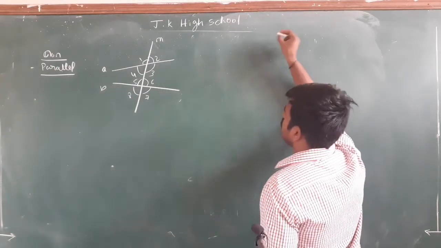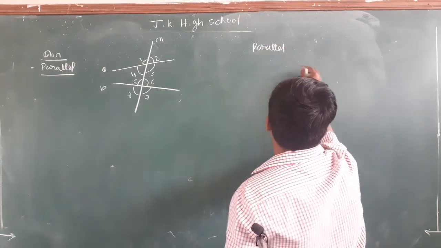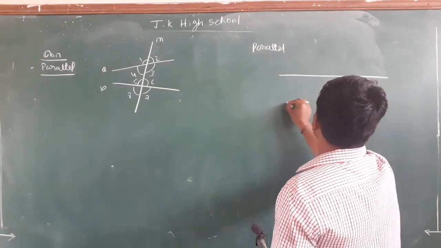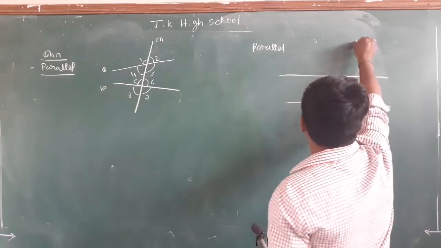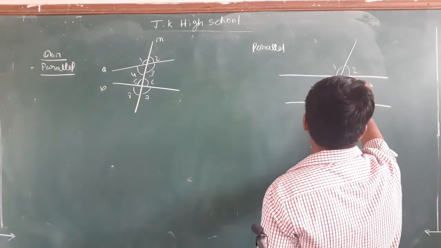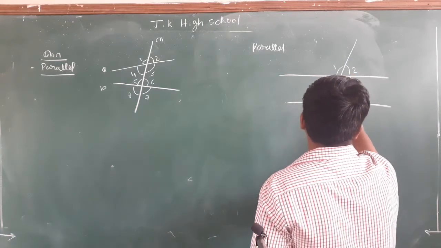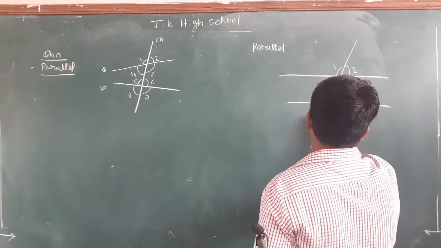Now when the pair of lines are parallel, again angles 1, 2, 3, 4, 5, 6, 7, 8.